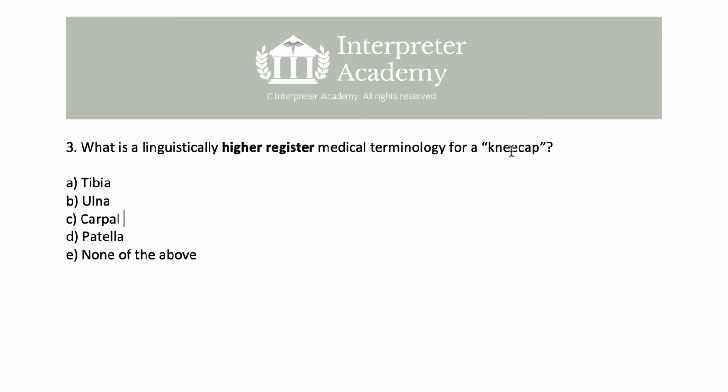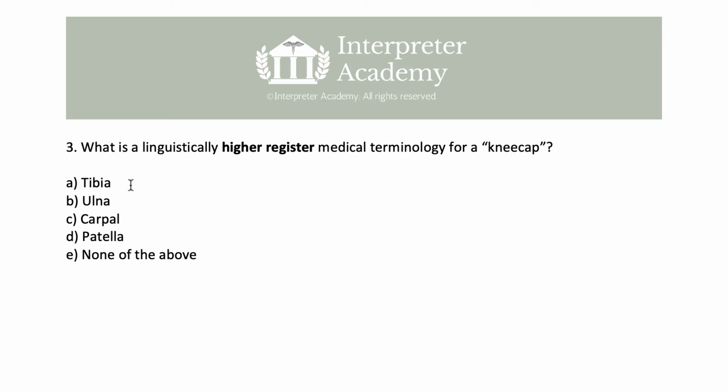So like a kneecap, this is the big bone, the joint on your knee, and we call it kneecap, right? But there's a higher register term, meaning there's another word meaning the same thing, but a more difficult, more technical way of saying it.